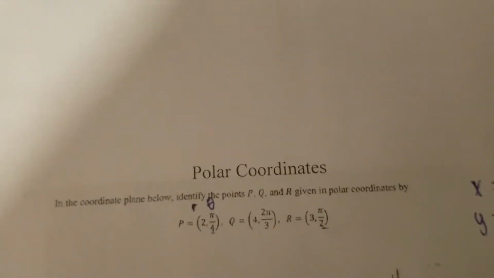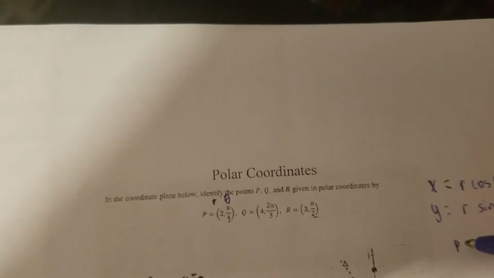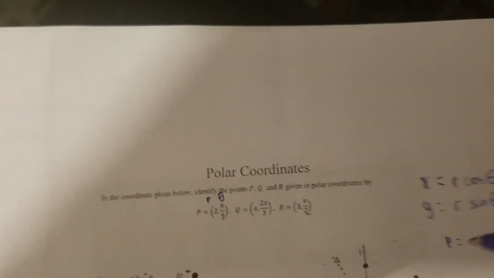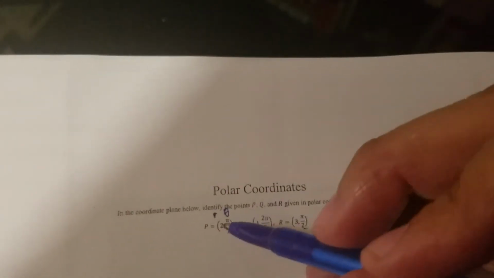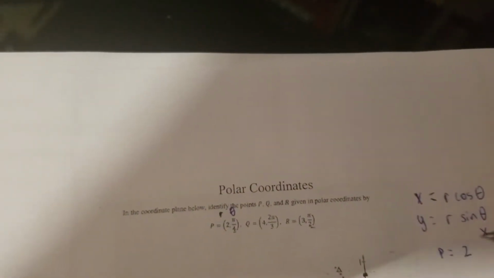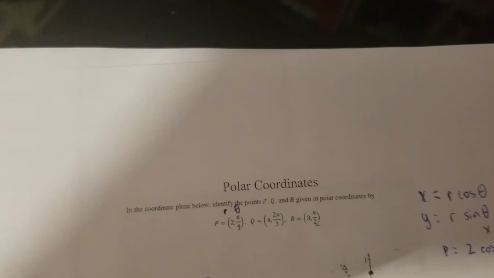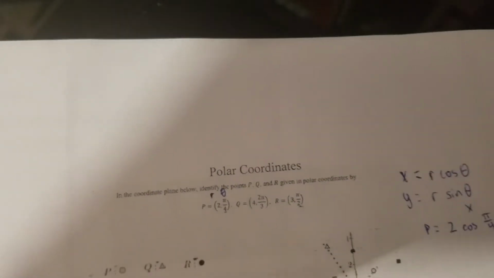So I'm going to use these right here. For my P, I'm going to go ahead and go through this. P is equal to, for the X, R, so 2 multiplied by cosine of pi over 4, and I don't have a unit circle on me.